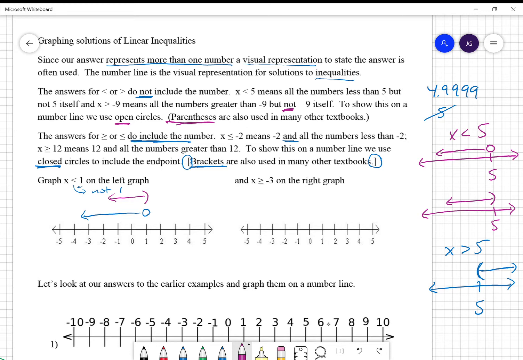X is greater than or equal to negative 3. I find negative 3 on the graph. Since it has the equal sign, it will include that, so that would be a closed circle, greater than. If I were to use the brackets, it would be the square brackets pointing greater than.